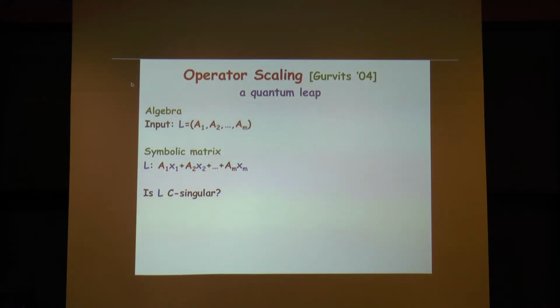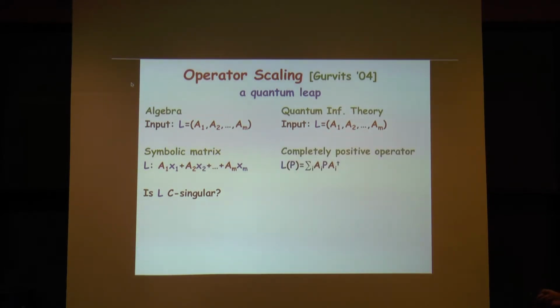He said, we can look at the tuple of matrices differently, as what is called a completely positive map, or completely positive operator. A tuple of matrices can be viewed as an operator on matrices, which sums up A_i P A_i transpose, or dagger if it's complex.